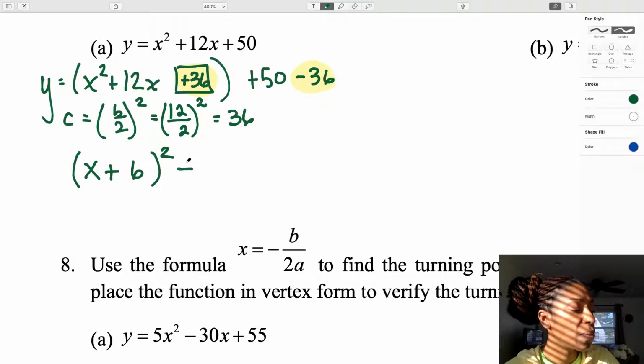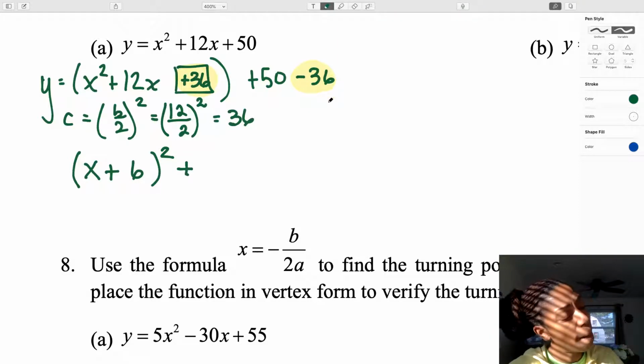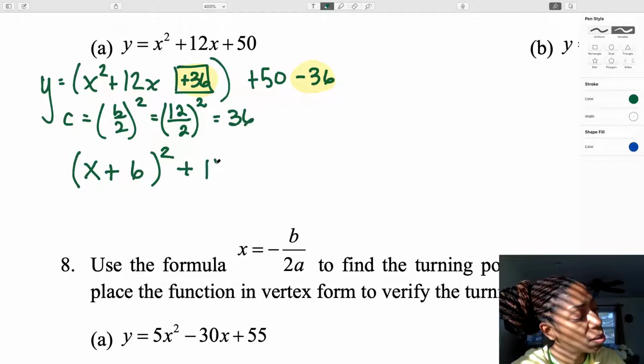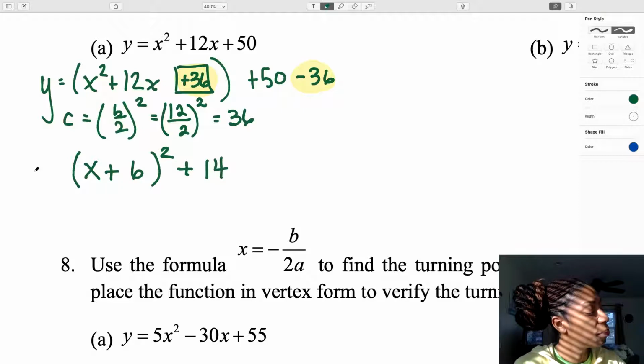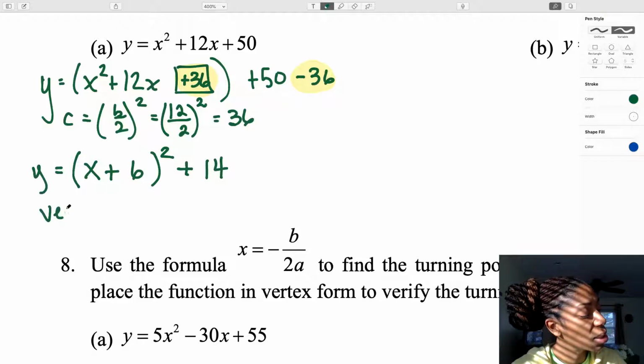Now, what is 50 minus 36? 14. So our vertex is negative 6, 14.